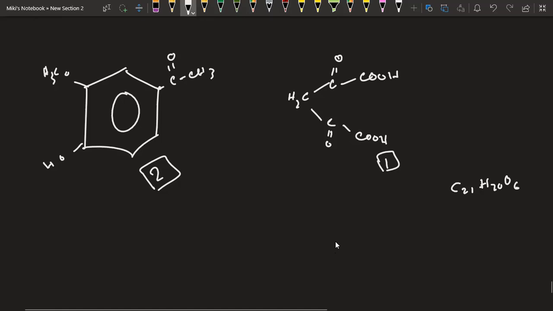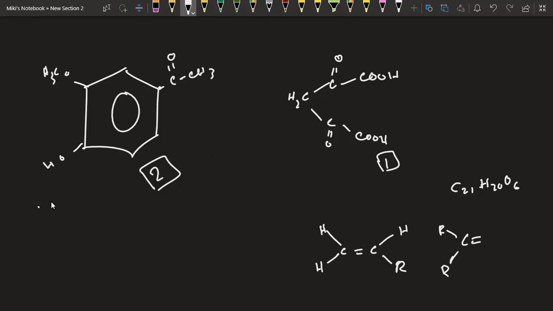Usually these are formed: if we have a carbon containing the double bond with 2 hydrogens, carbon dioxide will be formed. If, however, we have 1 hydrogen and 1 alkyl group, carboxylic acid will be formed. But if we have both alkyl groups, then a ketone will be formed.